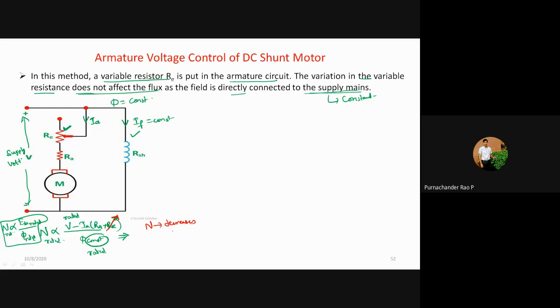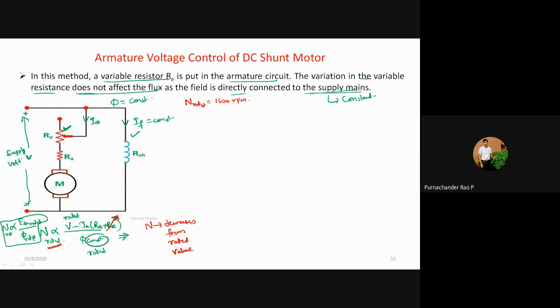Always the speed will decrease from the rated value. So it is not possible to control the speed above the rated value. So always you can control the speed from the rated value. So let us assume that I will consider the N rated value is equal to 1500 RPM.